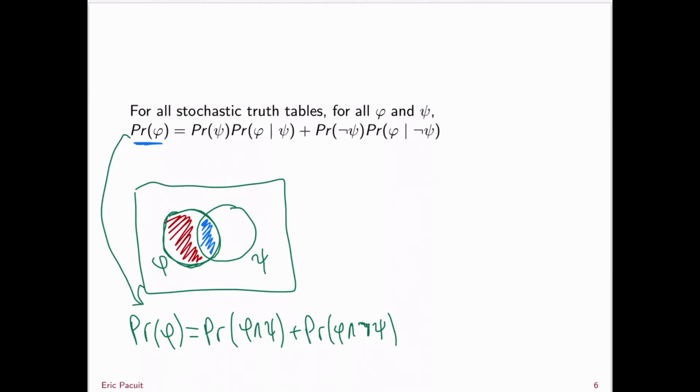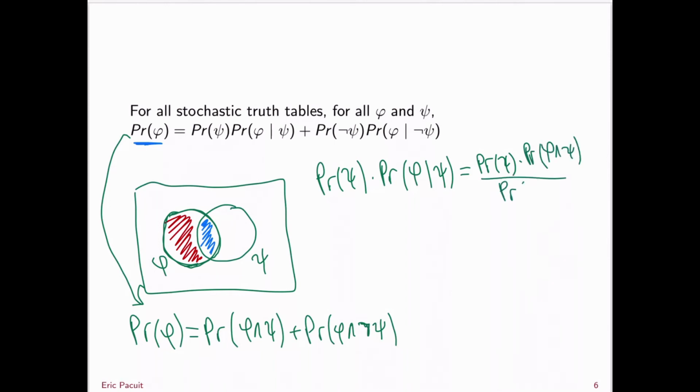Well, what about this equation right here? The probability of psi times the probability of phi given psi is going to be equal to the probability of psi times the probability of phi and psi divided by the probability of psi.